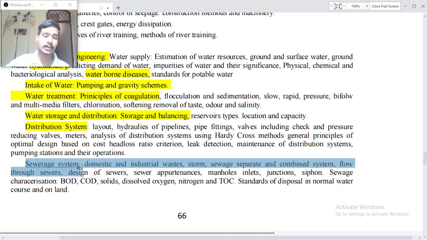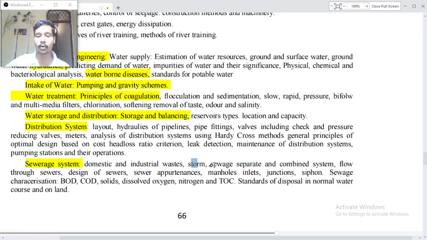Now sewage system, domestic and industrial waste, storm sewage, separate and combined systems, flow through sewers, design of sewers and sewer appurtenances, manholes, inlets, junctions, siphons, sewage characteristics, BOD and COD, solids, dissolved oxygen, nitrogen and TOC, standards of disposal in natural water courses and on land.